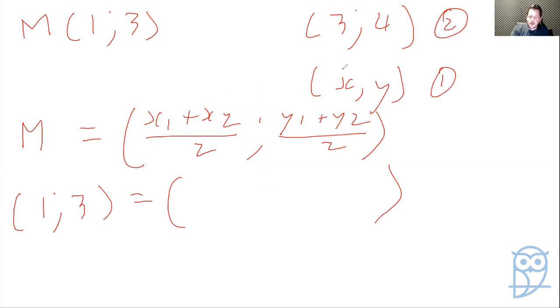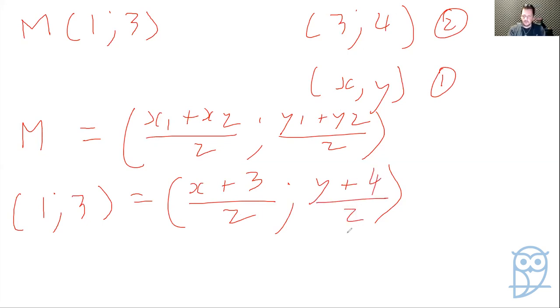So therefore, x1 is x, x2 is 3, y1, well, that's y, and y2 is 4. So we filled in what we know, but they're coordinates. It's not like we can take stuff out of a coordinate and move it across the equal sign. Good thought, but it's not going to help.